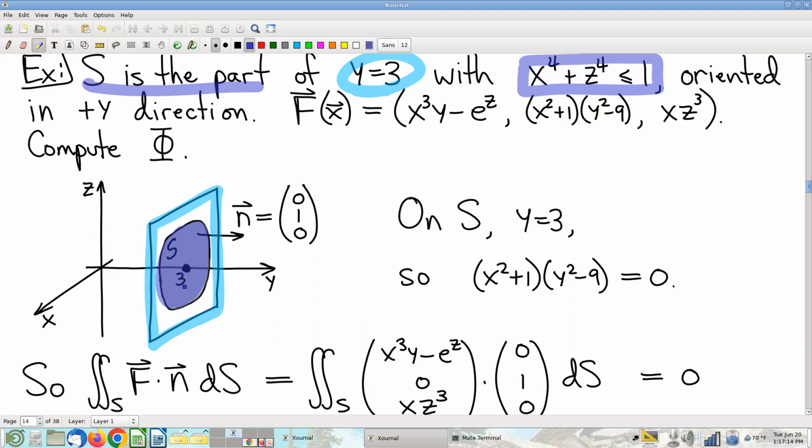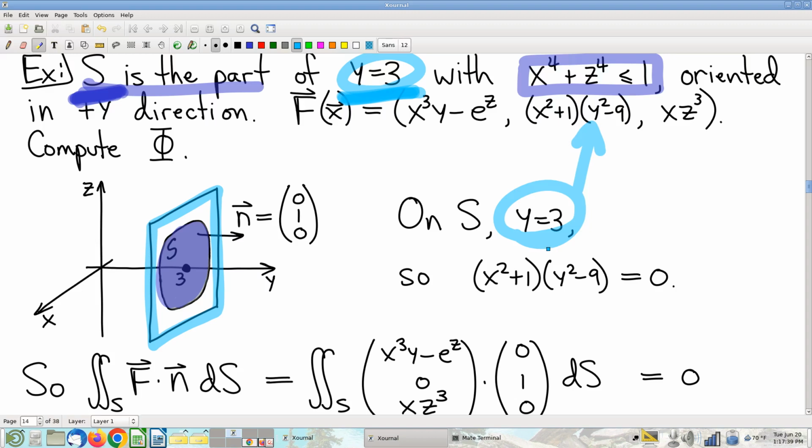First of all, notice we've been asked to compute a flux on this surface. This surface being entirely inside of this plane means that everywhere I care about, y is equal to 3. And I can just toss that right into there.